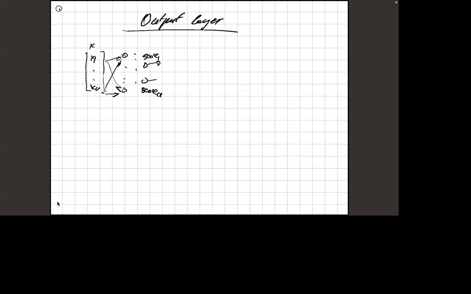What we want is to make them probabilities, and we do it using something called softmax normalization, softmax S of x, which outputs the probabilities p1, p2, and so on.